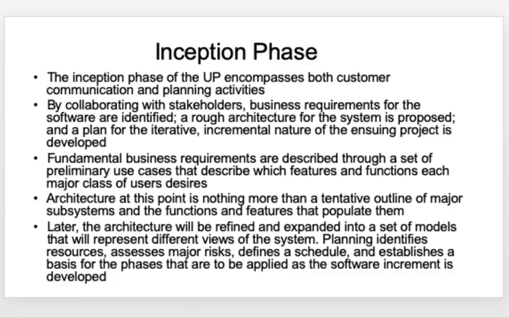Then you outline the major subsystems, the functions and features of the system, and you probably go for refinement and then identify resources, risks, schedule, and the phases of the project. And that comes into what is called the planning phase.